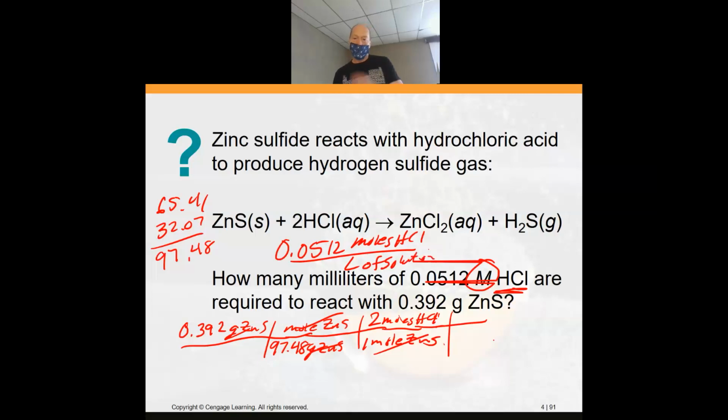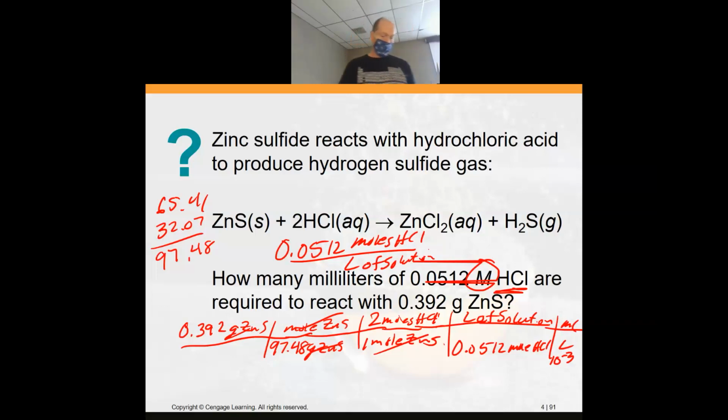So if you know that, we know that we want moles of HCl to cancel, so we have 0.0512 moles of HCl per liter of solution. And that's how many liters we will need, not in milliliters. So again, you have to get rid of your liters and go to milliliters, and we know M is times 10 to the minus 3.